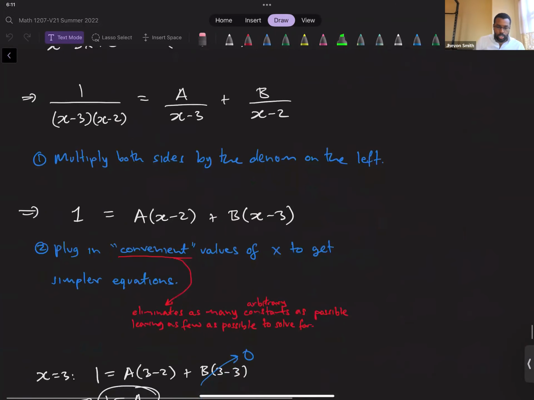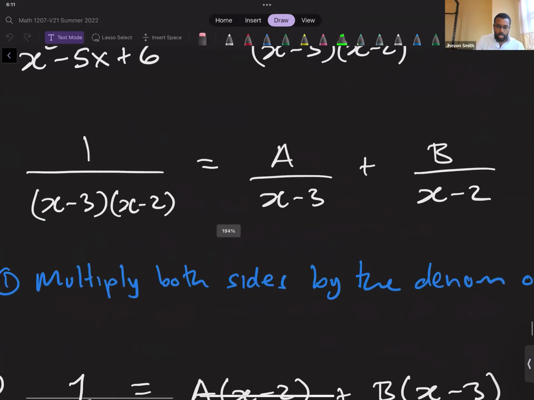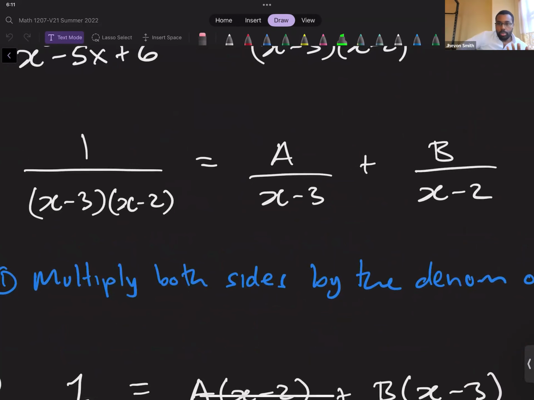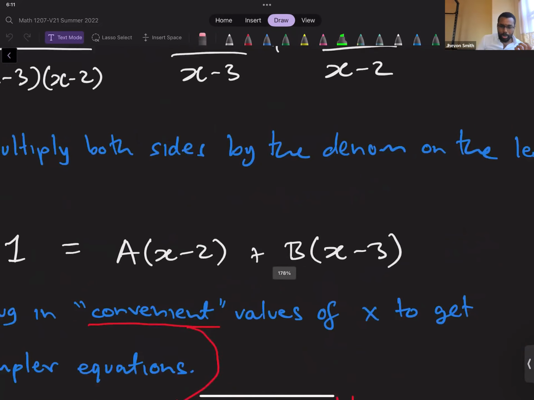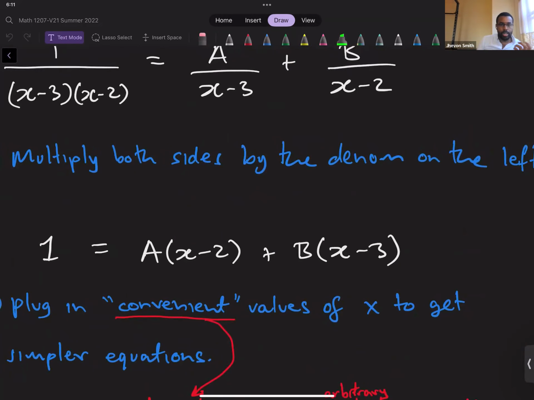Once you have that breakdown, the goal is to find what these constants are. What would A and B have to be in order to make this equation true, right? We saw two main methods to get that done, and they both start the same way: multiply both sides by the denominator on the left. You'll get an equation where there are no fractions anymore.